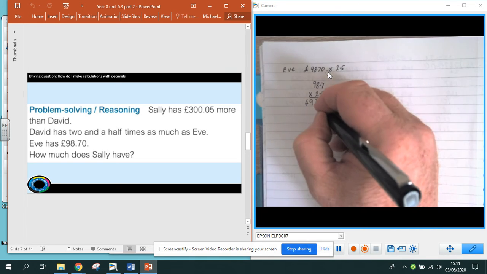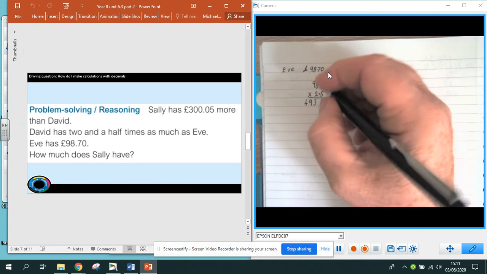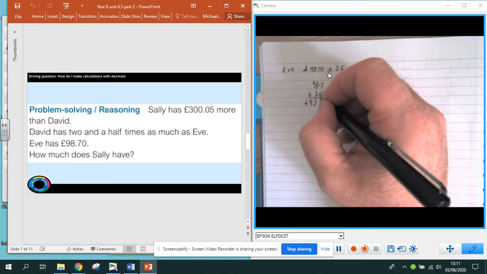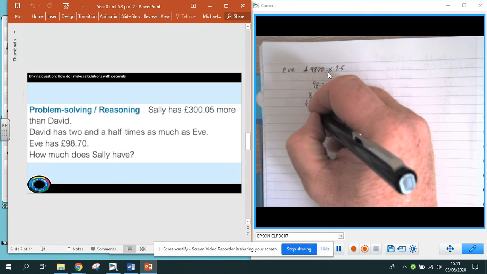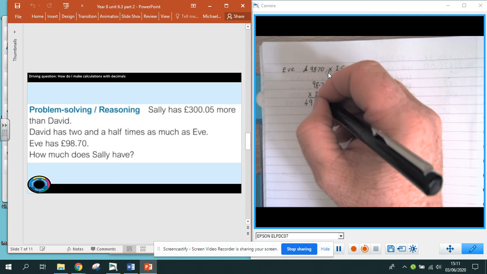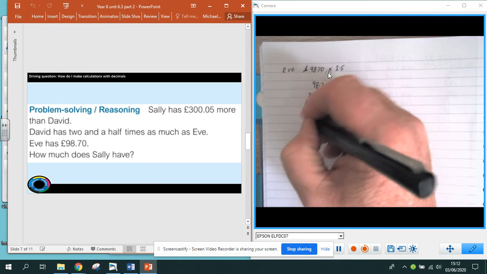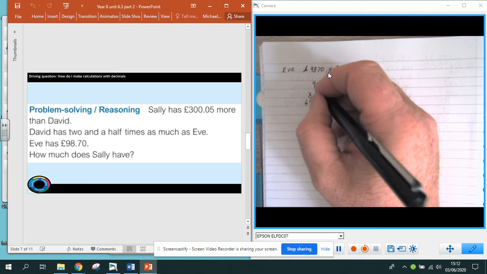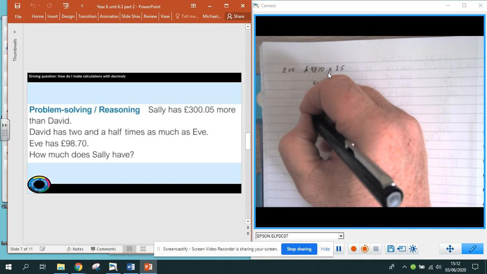Then I put down a 0 and multiply these numbers by 2. 2 7s are 14, put down a 4, carry the 1. 2 8s are 16, and 1 is 17, put down a 7, carry the 1. 2 9s are 18, and 1 is 19. So I write that down.